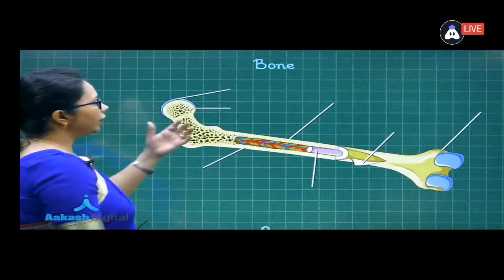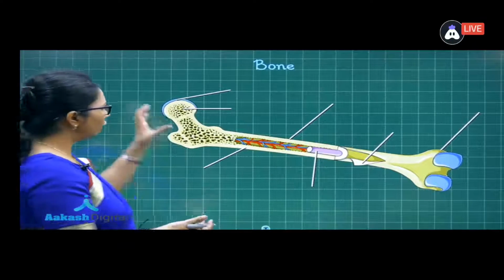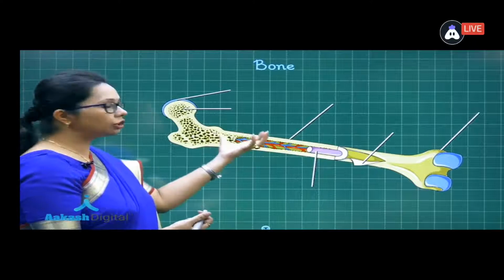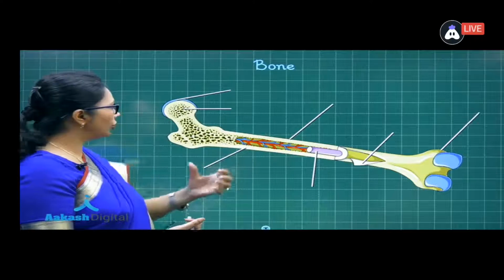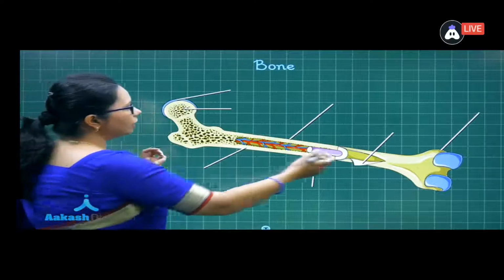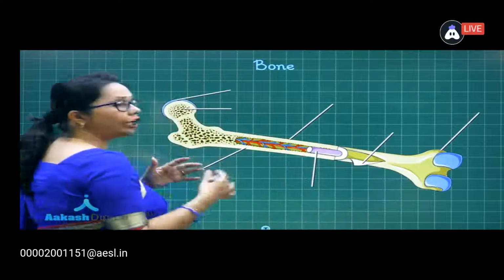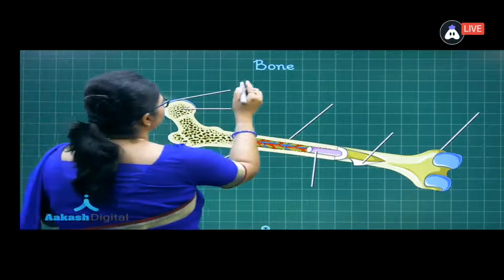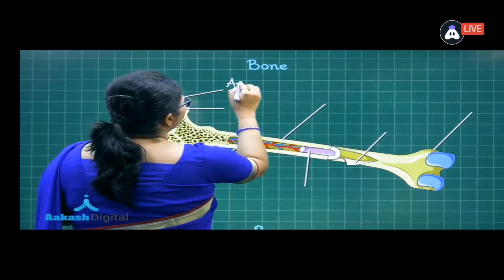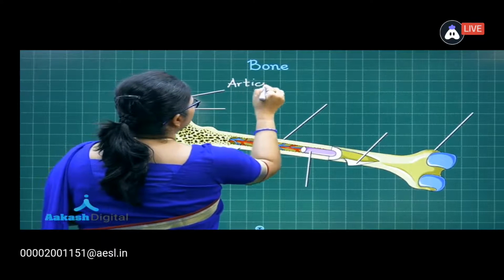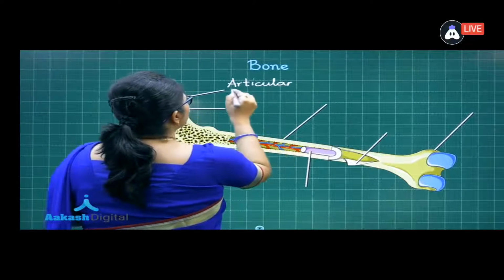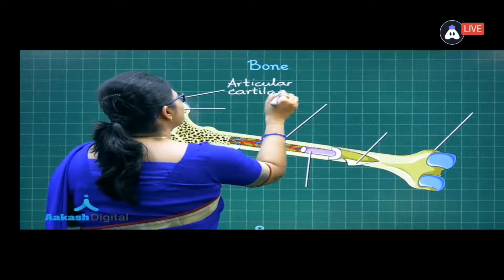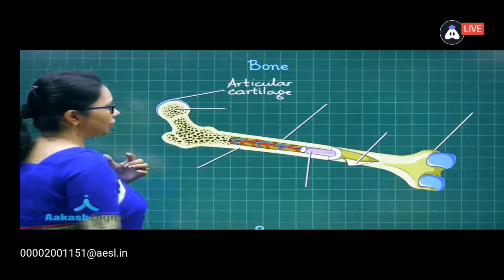Now taking up the gross anatomy of a bone. This is one of the limb bones, and if you are able to recognize it, this is the bone of the thigh, that is the femur. At the ends of the bone there is the articular cartilage, and that is hyaline cartilage. So first we can mark this as the articular cartilage.